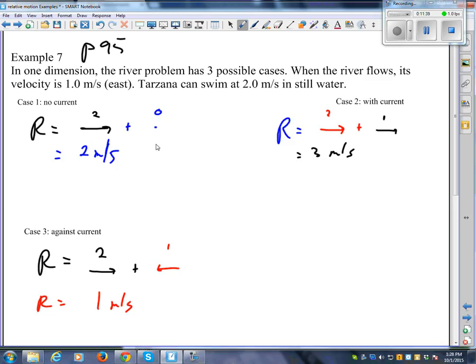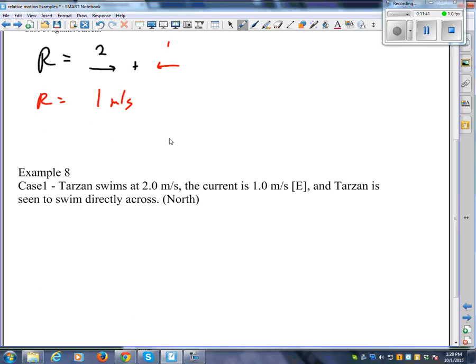I'm going to do example number 8 now. Example number 8 is on page 99. Again, you guys know how to do head to tail stuff. So case 1, assume Tarzan can swim at 2 meters per second. The current is 1 meter per second east. Tarzan is seen to swim directly across. Seen to swim.